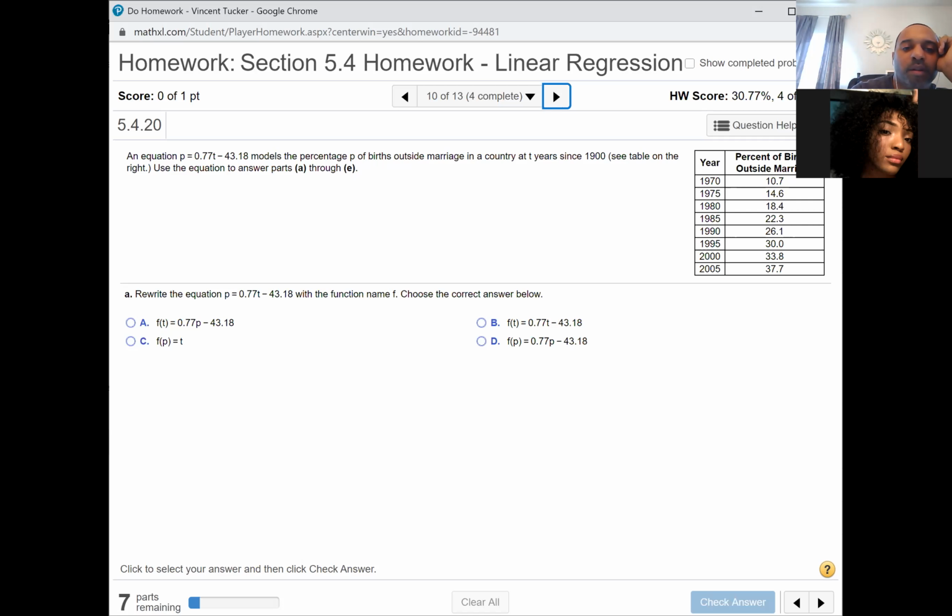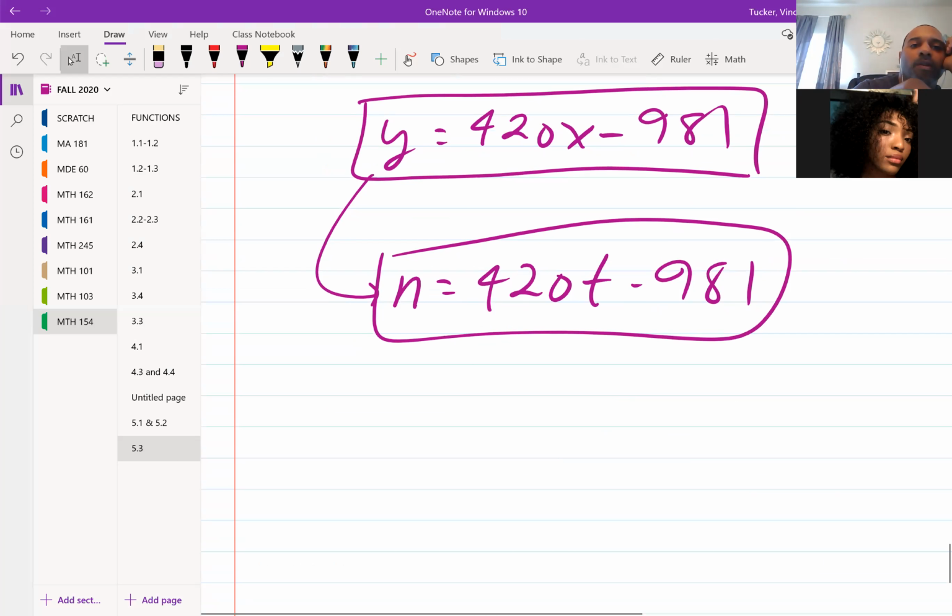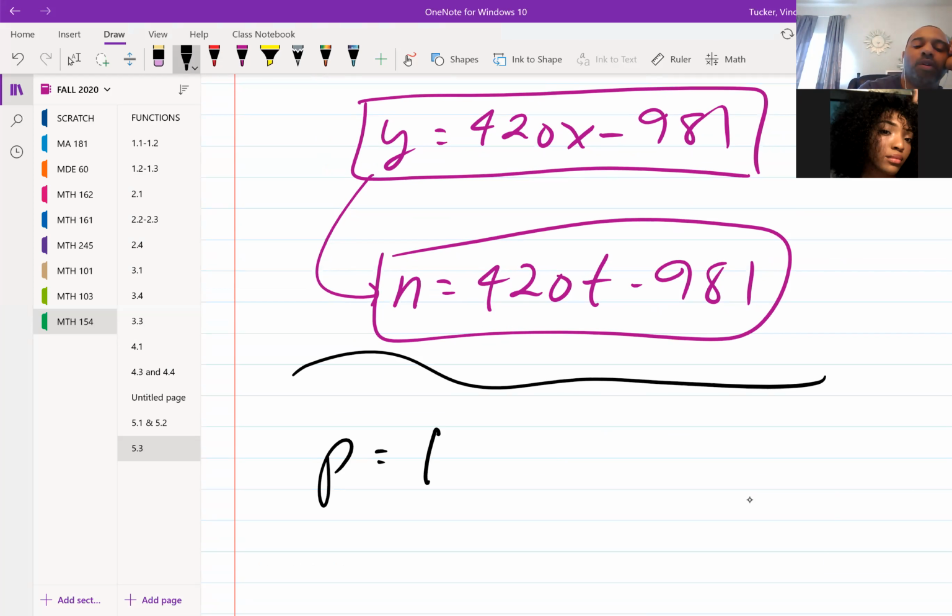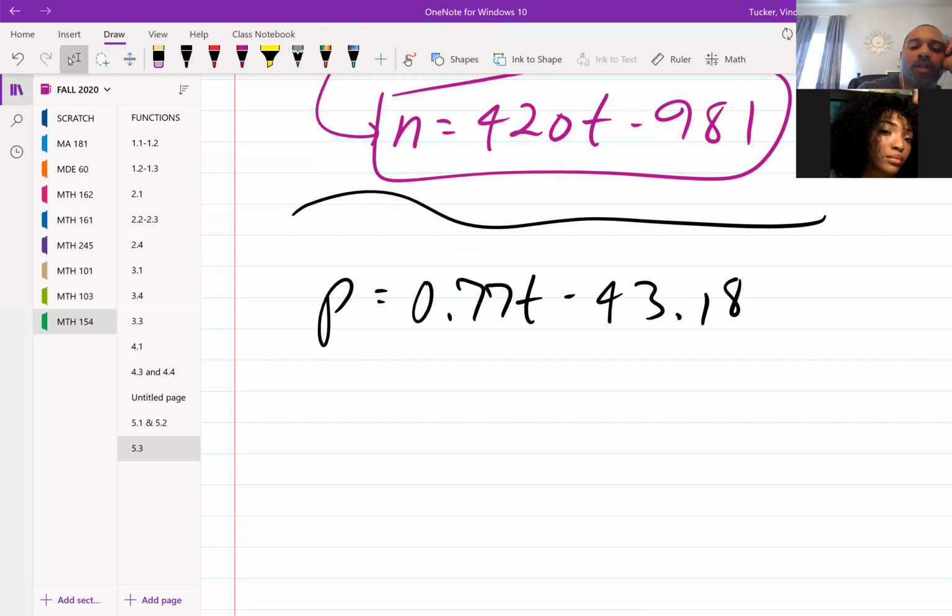So what do they mean by that? All right. So we have P is equal to 0.77t minus 43.18. Go back, make sure I got my stuff right. 0.77t minus 43.18. So basically, it wants us to write it in function notation. So they want us to replace P with f of t.